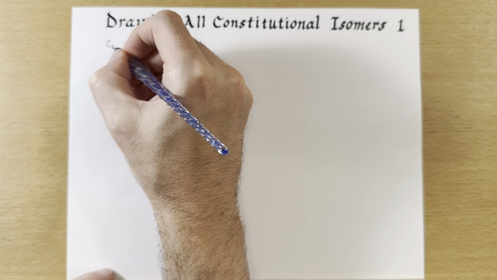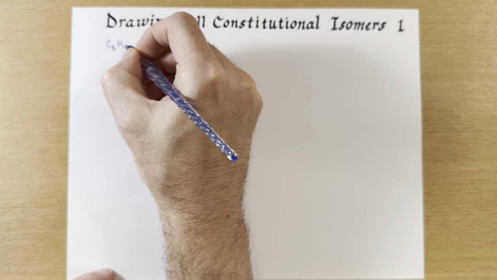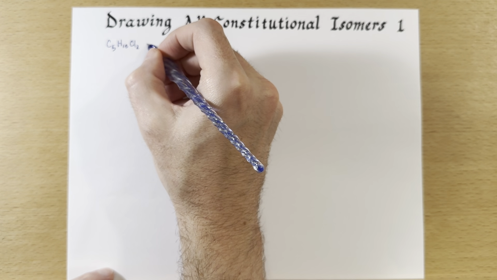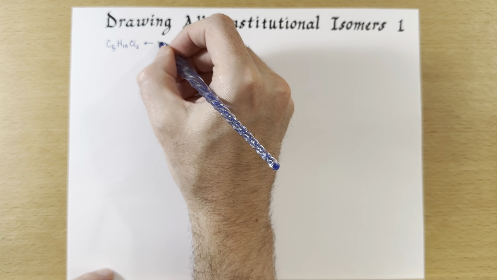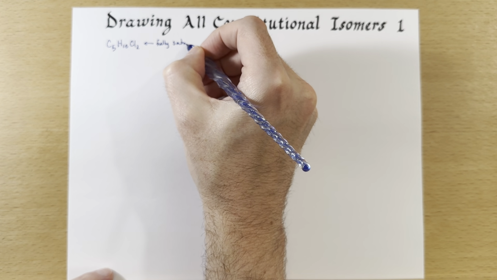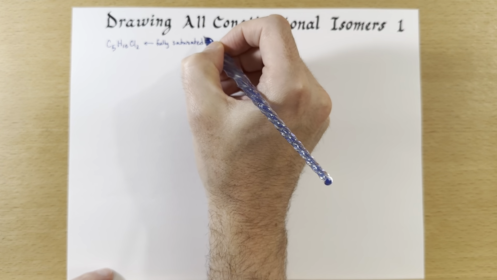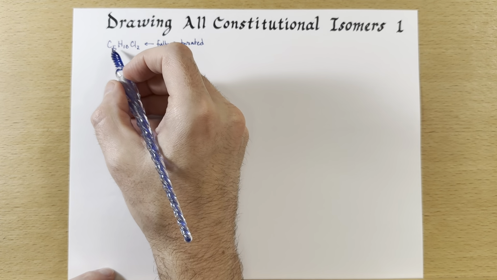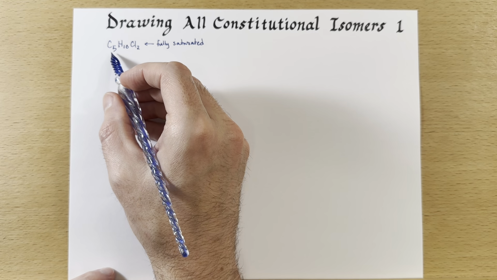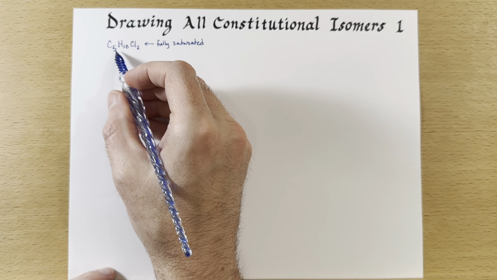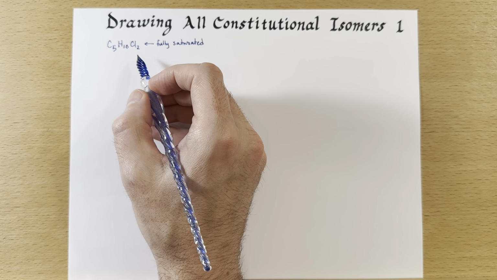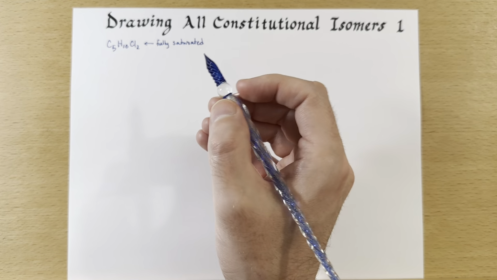I chose C5H10Cl2. And this particular molecule is fully saturated. And we know that because if we take 2 times 5 plus 2 should equal 12. Well, like I said before, the chlorines can kind of substitute for hydrogen, and so we have fully saturated.